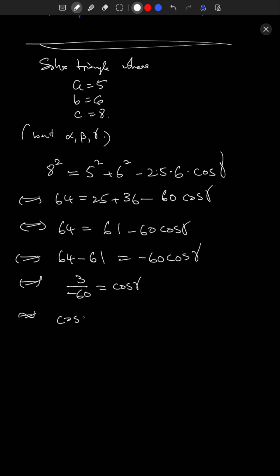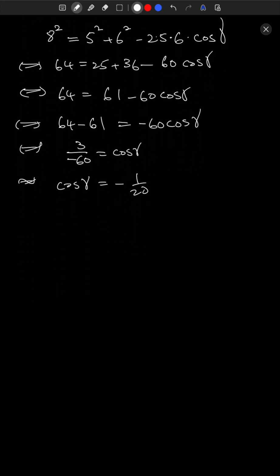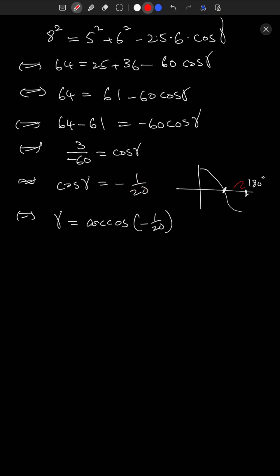And so cosine gamma is equal to minus 1 over 20, right? And so gamma is equal to arc cosine minus 1 over 20. And the minus 1 over 20 might look a little weird to you, but it's not a problem because here's 180 degrees. It just means that the angle you're going to end up with is going to be bigger than 90 degrees, like maybe something like that.